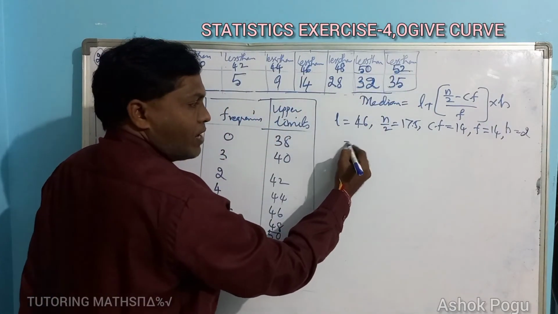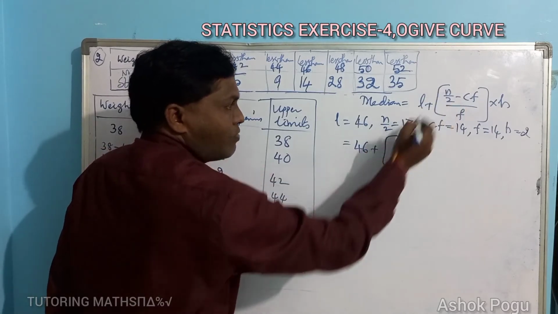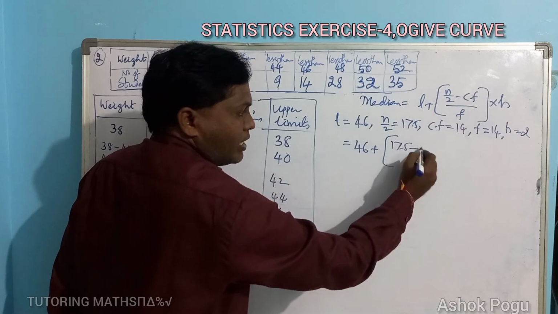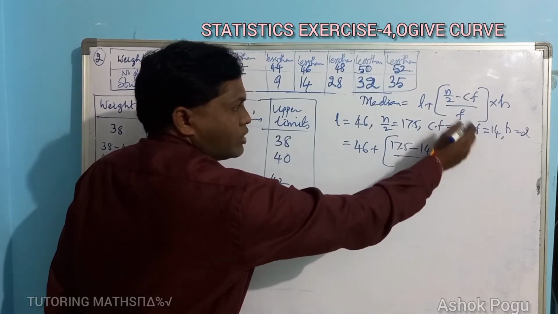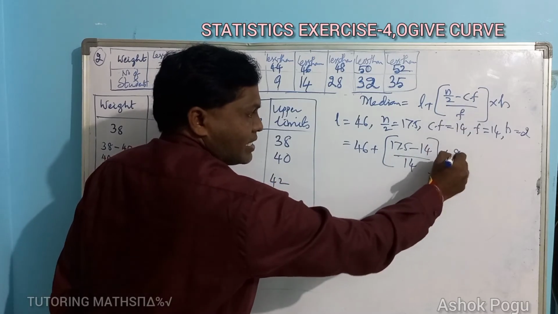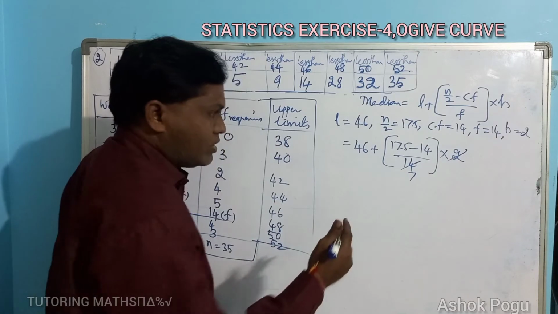Let us substitute the values. L 46 plus n by 2, that is 17.5, minus cumulative frequency 14 by small f, that is 14, into height h is 2. And directly you can check by 2 table, 2 ones are 2, 2 sevens are 14.